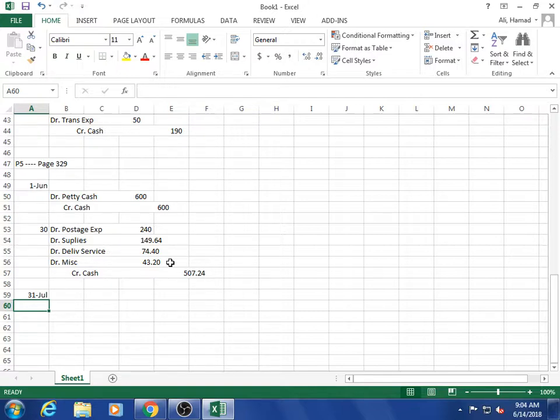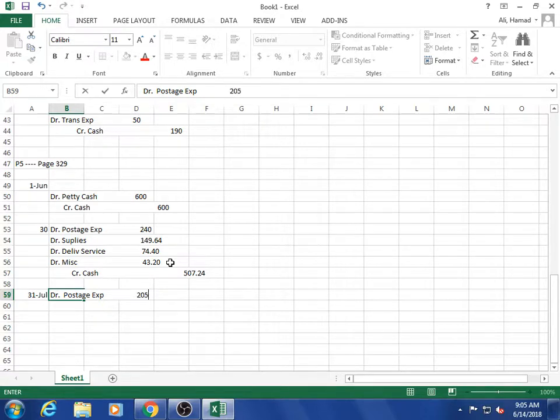All right? So, on July 31st, what do we debit? What are the things that were debited? Okay, we're going to debit postage expense for how much? $205.20. What else do we debit?